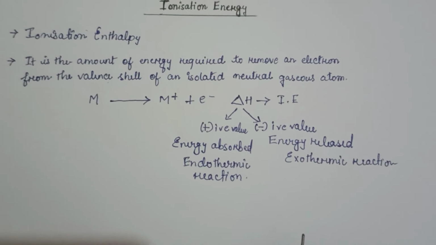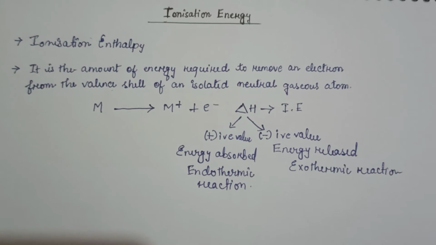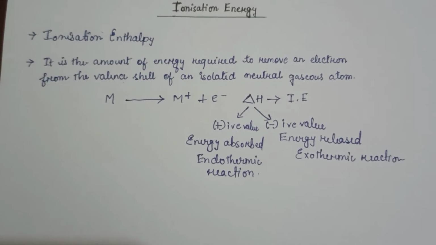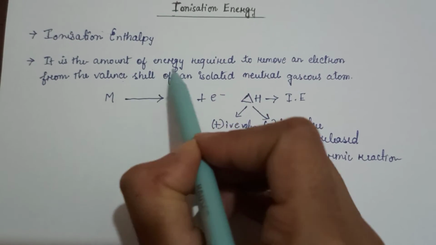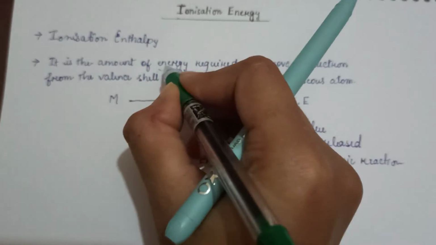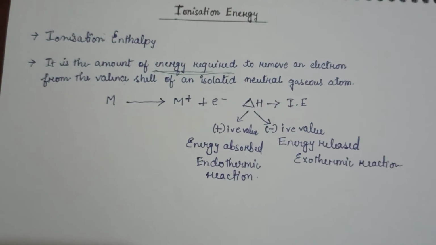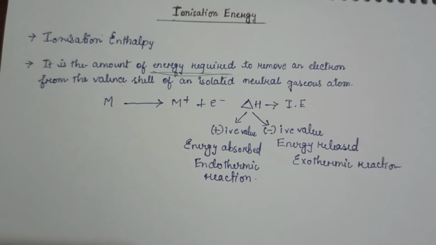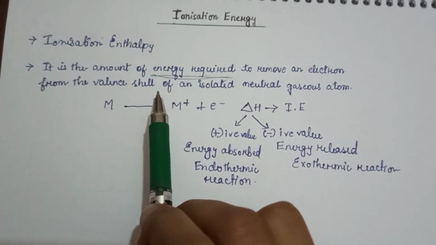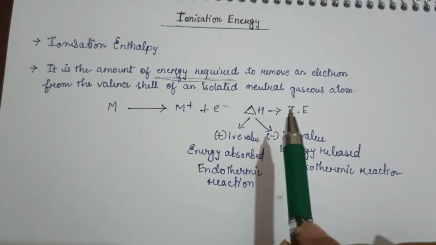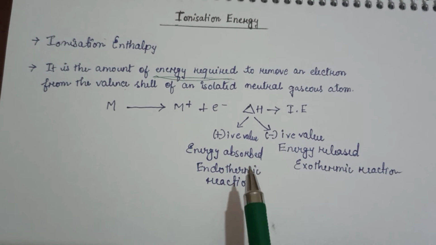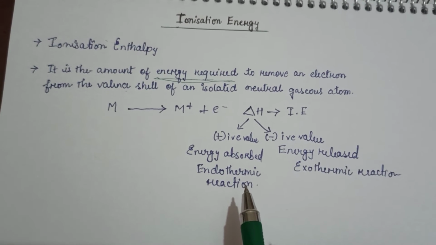Okay. Now in this case of our topic ionization enthalpy, as we have already mentioned in the definition itself, that the energy is required to remove the electrons, right? We have to supply the energy from the outside. So obviously the delta H value for this reaction, in case of ionization enthalpy, the value will be positive.